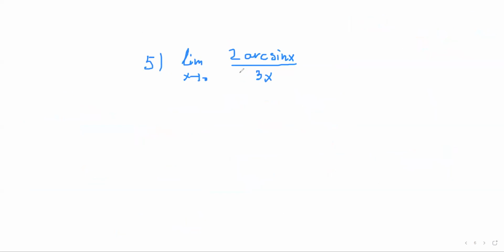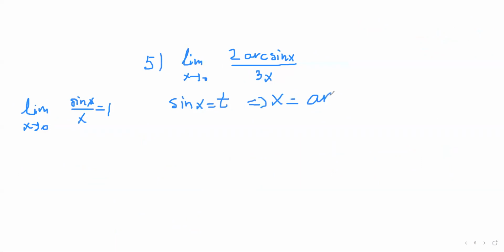The limit as x tends to 0 of 2 arcsine x divided by 3x. We know that the limit as x tends to 0 of sine x divided by x is 1. But if we do a substitution, for example sine x equals t, it's going to give us x equals arcsine t.